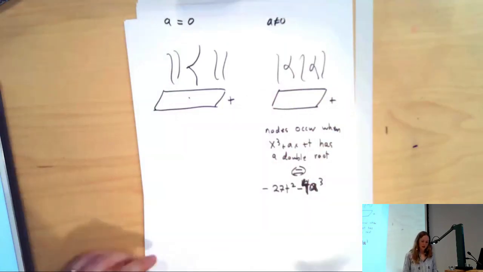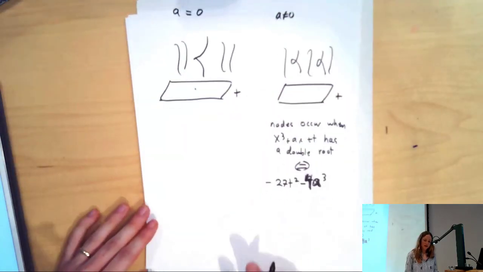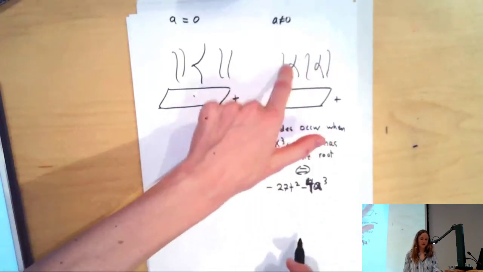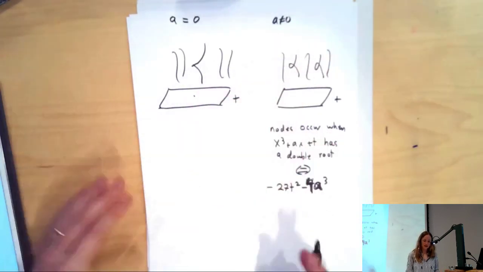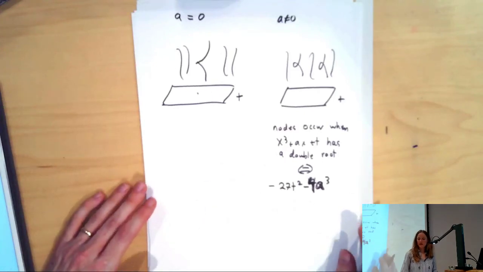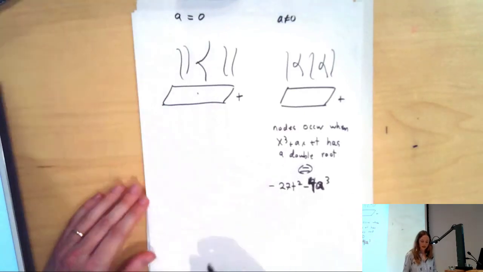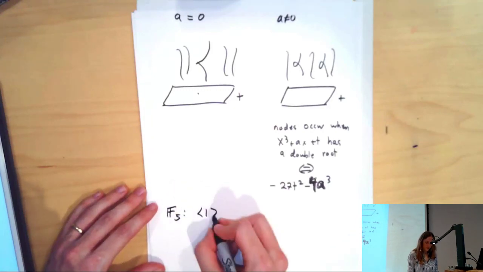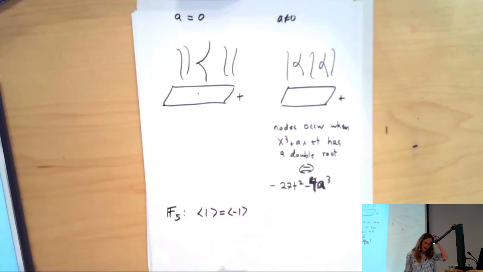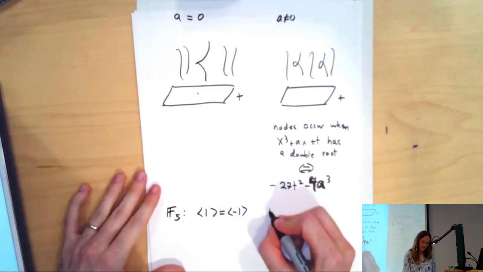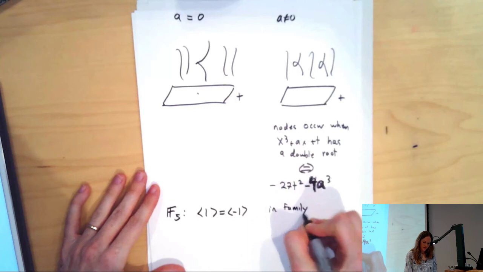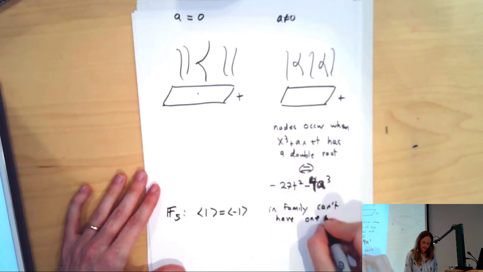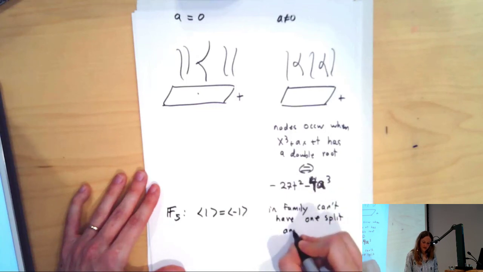That's Milnor's theorem. And what the enriched version tells us is that the combination of fields of definition of these nodes and their tangent vectors has to satisfy the condition that when you add up the types, you get 1 plus negative 1. For instance, over F5, we have that 1 is equal to minus 1. So in a family, you can't have 1 split and 1 non-split rational node.